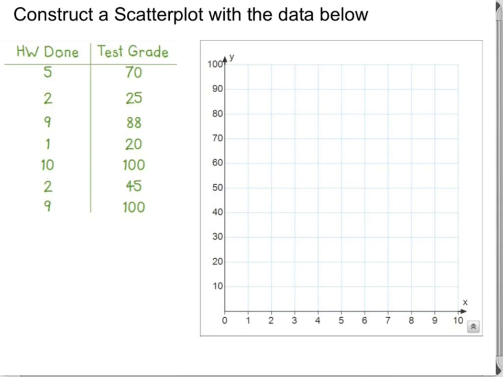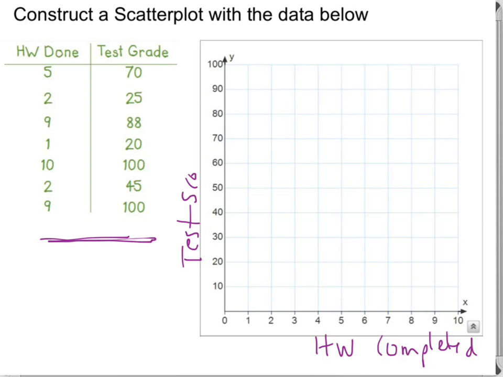Now, in order to take notes for this lesson, you can either draw the graph yourself, or you can just make a list of the table that's shown here and sketch the graph as I draw it. In order to make a scatter plot, I should write on the x and y axis what exactly I'm measuring: homework completed on the x-axis, and on the y-axis the test score.